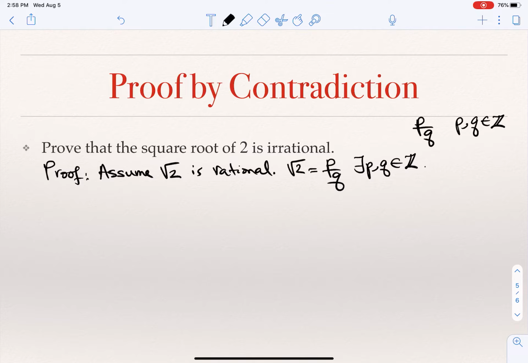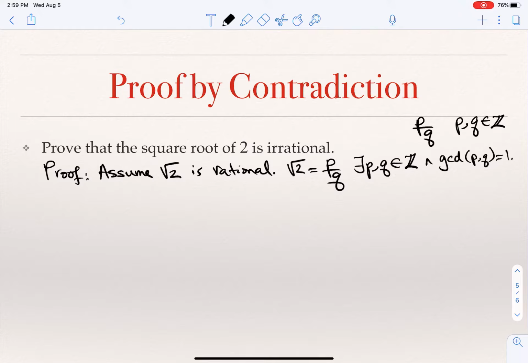So I will assume, without loss of generality, that not only p and q are integers, but also that the greatest common divisor of p and q is 1. Assume that the square root of 2 is p divided by q, and the greatest common divisor of p and q is 1.